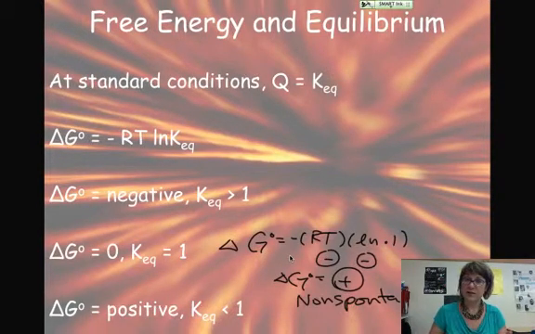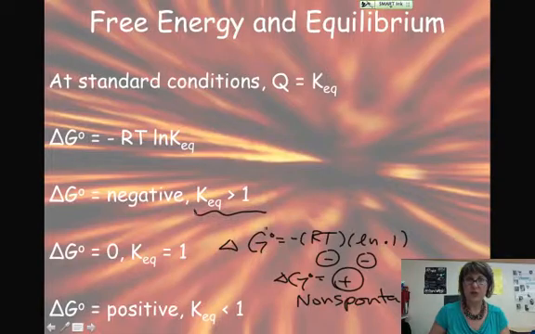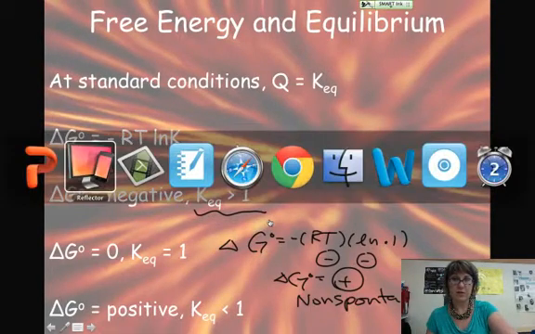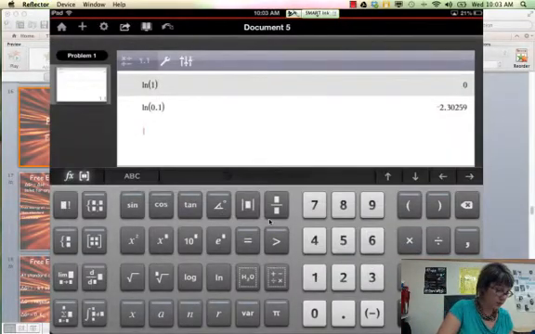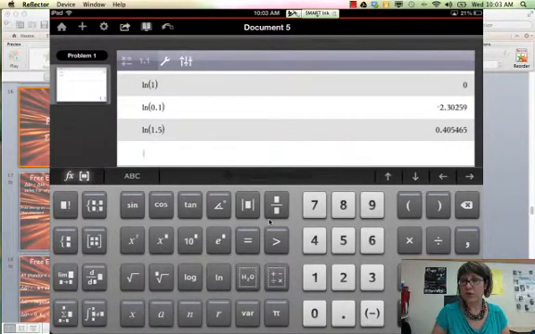All right, last scenario is, suppose that KEQ is greater than 1. So I don't need a number that's a whole lot greater than 1 to show you. So let's do 1.5, say. The natural log of 1.5 is a positive number. See that?